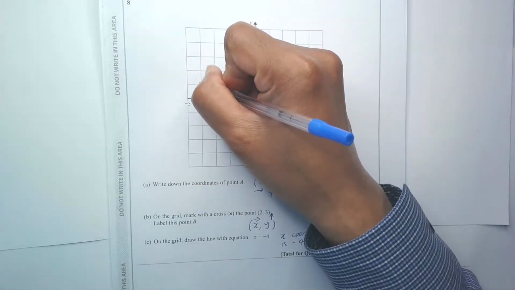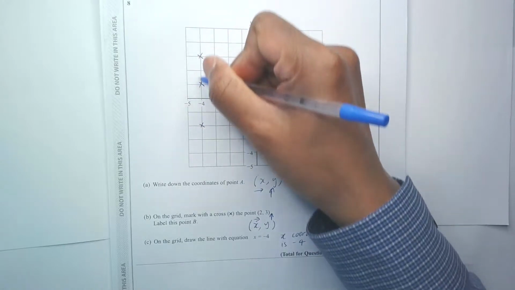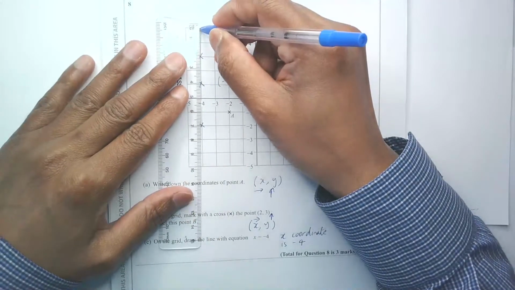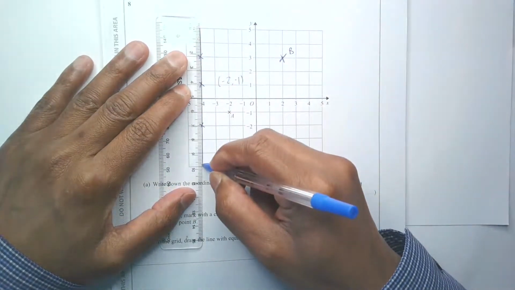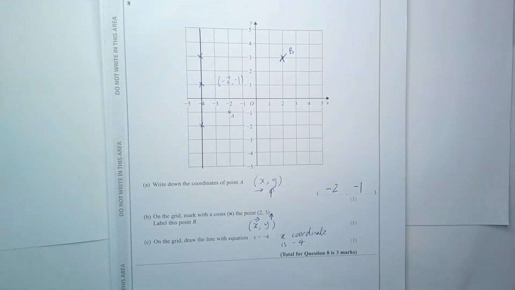So anything here that is -4, everything along here is going to be x is -4. So I'm going to get my ruler and then draw a straight line. So I've got -4 there. Let's go to the next question.